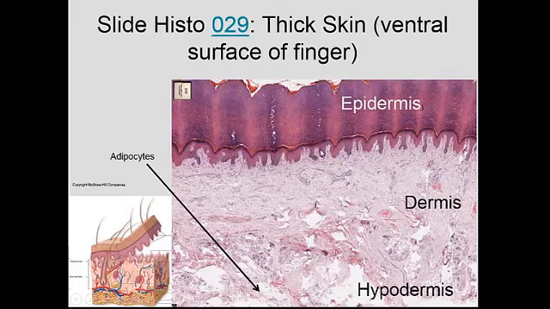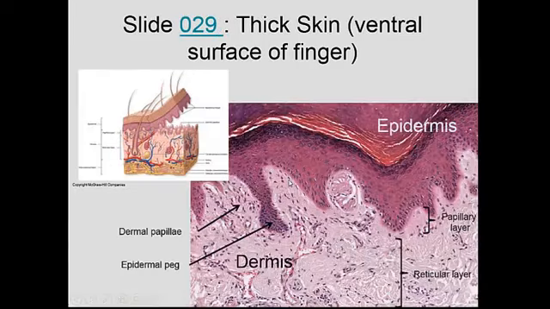Thicker skin has a greater interdigitation between the dermis and the epidermis than does thin skin. And here we can see that projections of the dermis into the epidermis we call dermal papillae. And then the epidermal pegs, or rete pegs, are the epidermis dipping into the dermis itself.